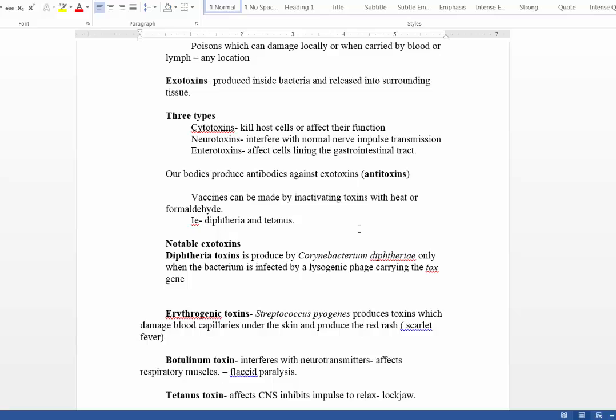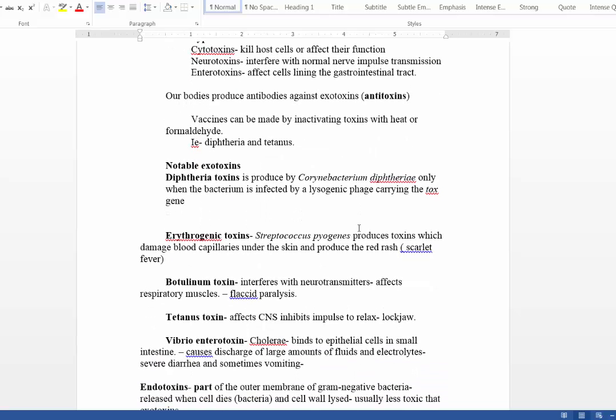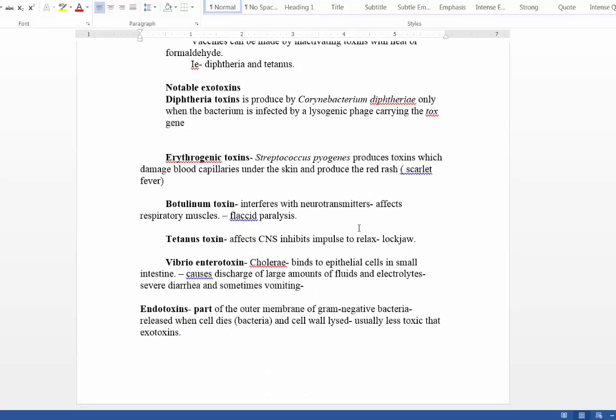You have cytotoxins, which target cells, neurotoxins, which target your nervous system, and enterotoxins, which target your gastrointestinal tract. Now, these exotoxins are pushed out of the cell and target your cells. Basically, they're kind of spitting it out and targeting you.